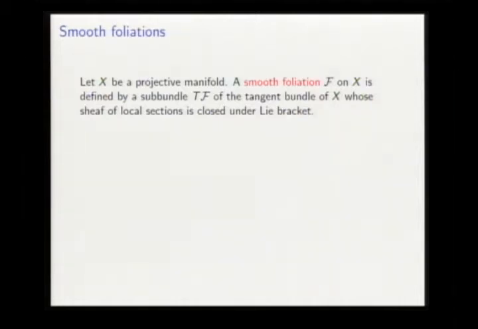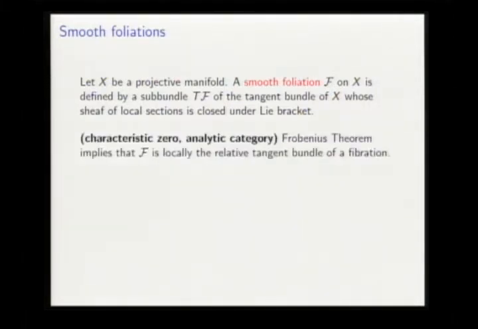So when X is a projective manifold, don't be afraid of that if you're not from algebraic geometry. It's just a manifold, a complex manifold embedded in a projective space. A smooth foliation on X is just a subbundle of the tangent bundle of your variety with local sections closed under Lie bracket.